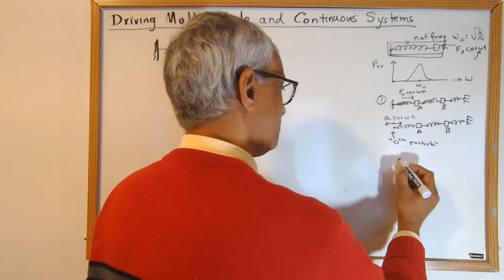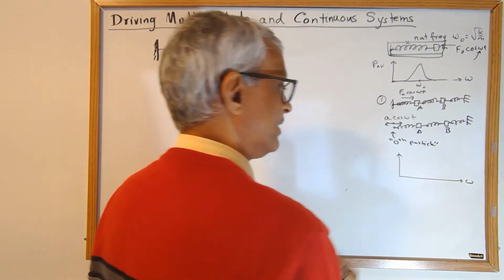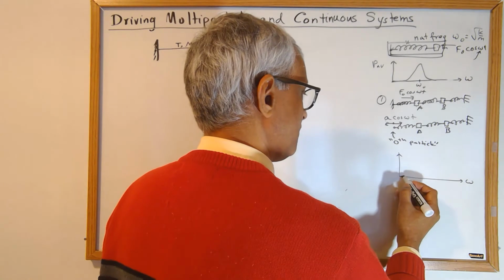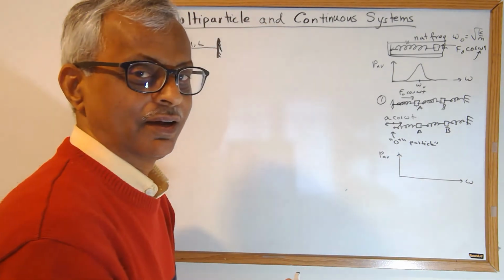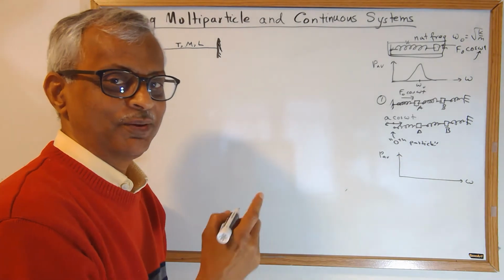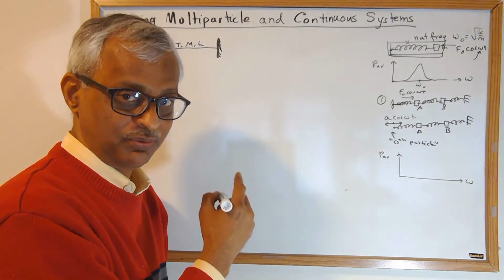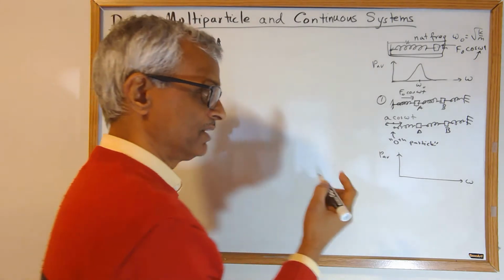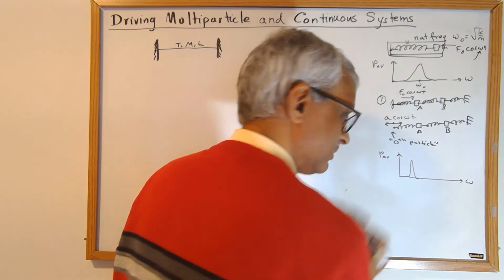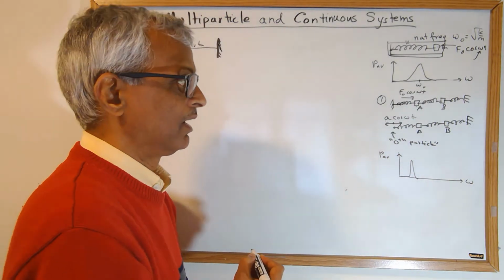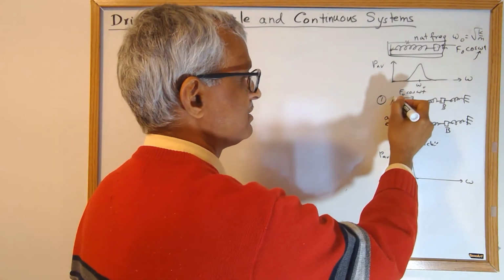So when we do this, I'm going to have omega and average power. I look at this. You probably know what's going to happen here, right? Because you studied the video before this called coupled systems. So it's going to be one peak at a normal mode of this system.